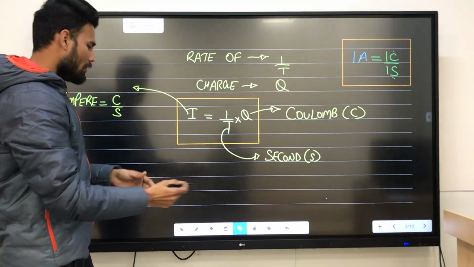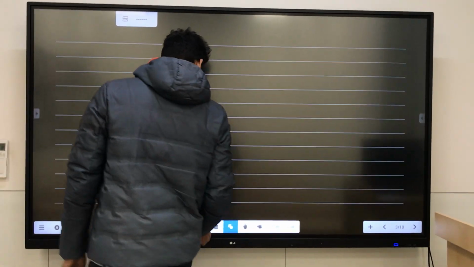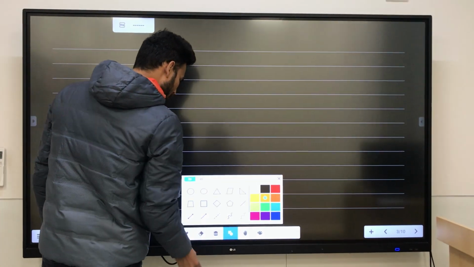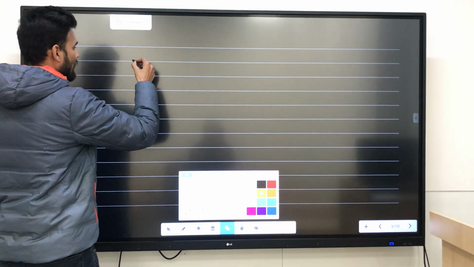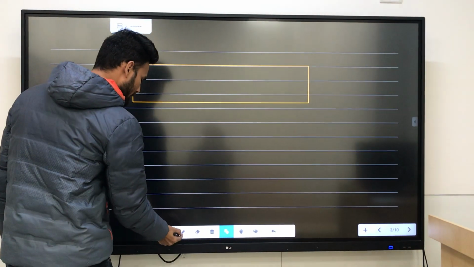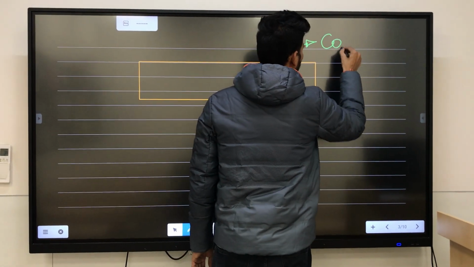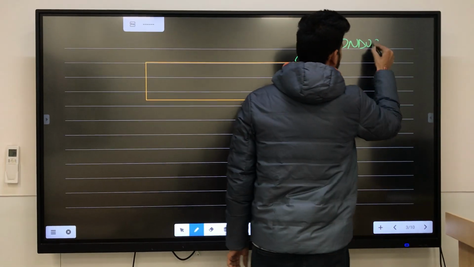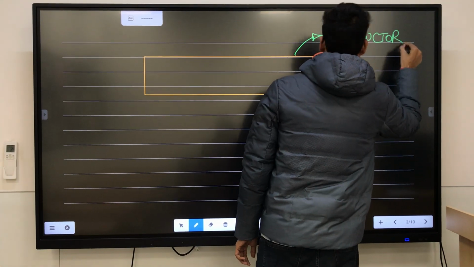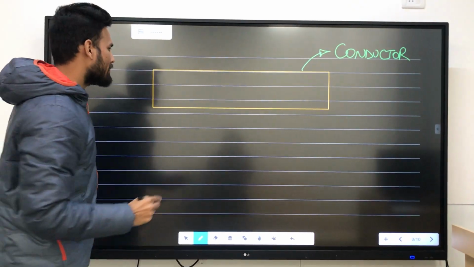Now, talking about the other thing, suppose we are having a conductor over here. As it is a conductor, the conductors have free electrons inside them.